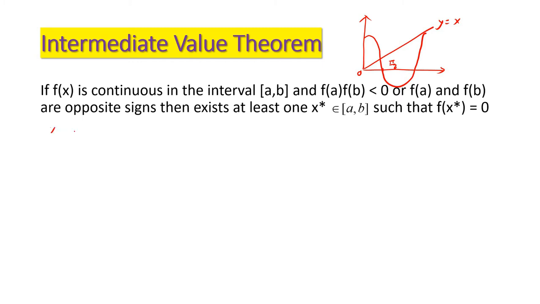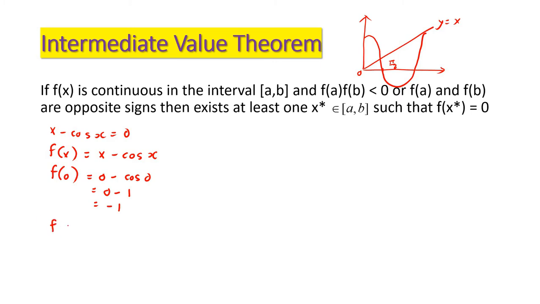For this one, let's say x minus cos x equal to 0. So your nonlinear function is f(x) equal to x minus cos x. So you can put f(0), which is 0 minus cos 0. Cos 0 is 1, so f(0) is negative 1.